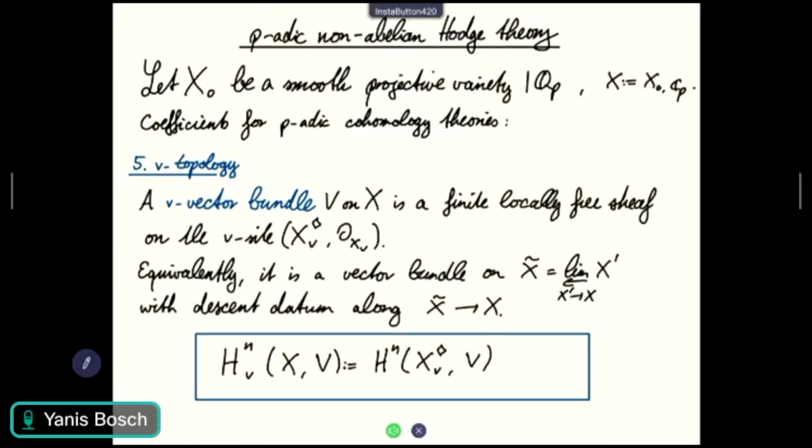Okay, and then I can define my generalized cohomology theory, which is v-cohomology with coefficients in a v-vector bundle, and it's just the internal cohomology of this site. And if I take the trivial vector bundle, this recovers the v-cohomology from earlier. So in some sense, the definition is always very easy in the v-topology. It's the site which is a little bit scary.